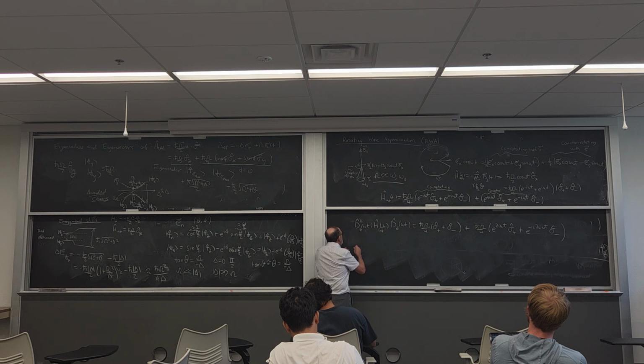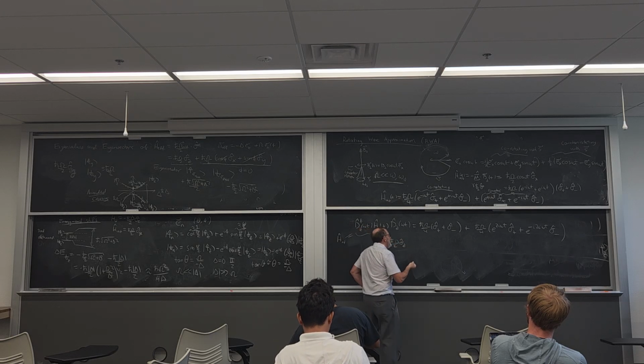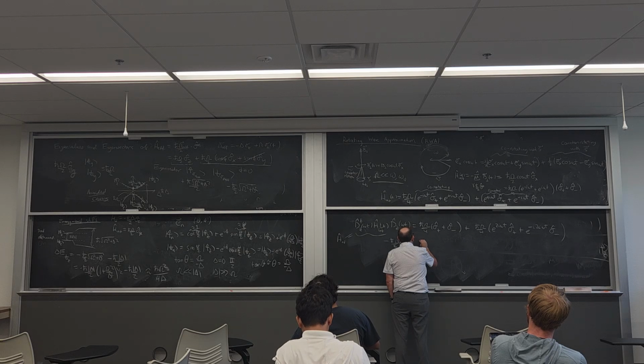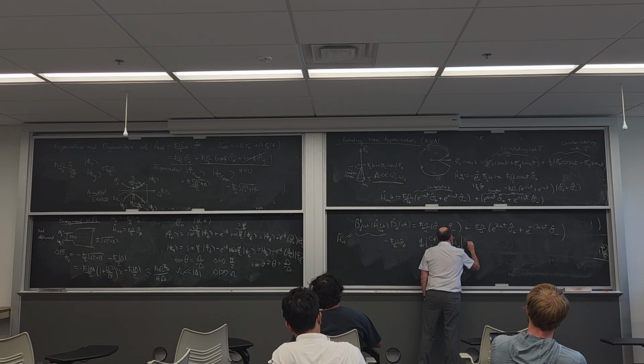So if I add in, in the rotating frame, it's equal to this minus delta over 2 sigma z, then I can write down the Schrodinger equation for the amplitudes in spin up and spin down with a matrix representation.